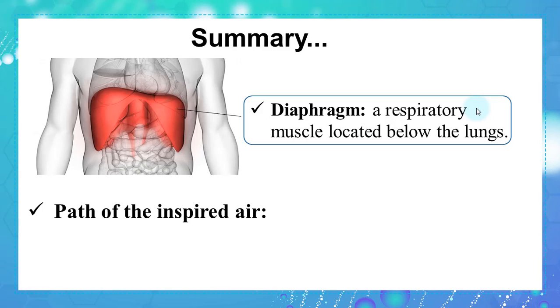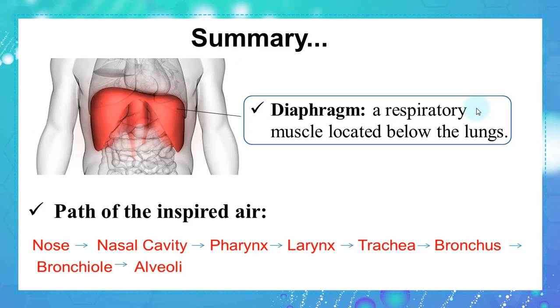Don't forget how to trace the path of the inspired air. We said that the inspired air, which is the air that enters our body, goes from the nose to the nasal cavity, pharynx, larynx, trachea, bronchus, bronchioles, till it reaches the alveoli.